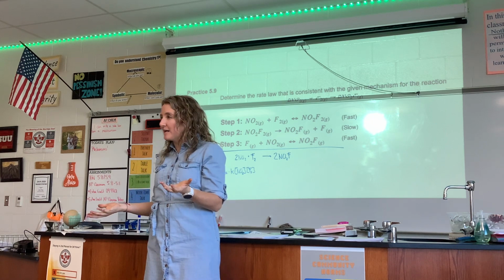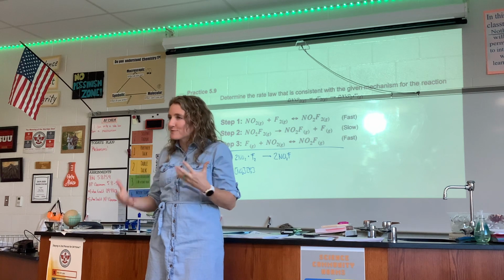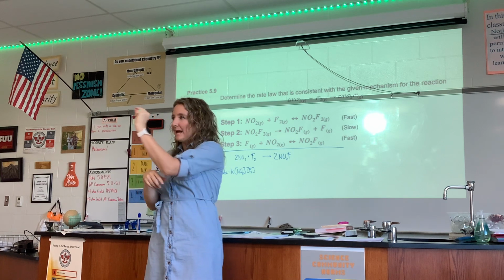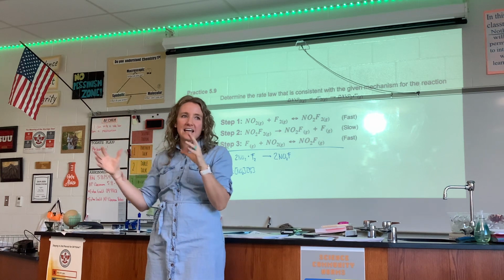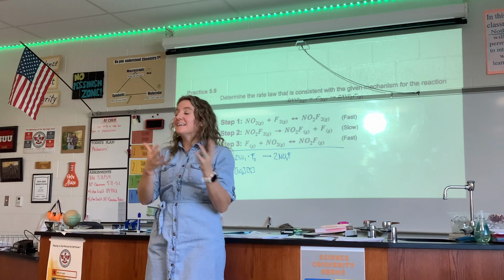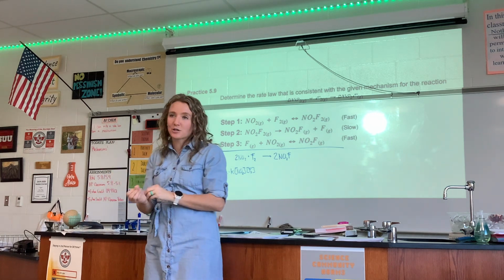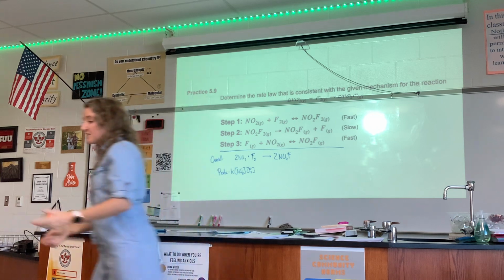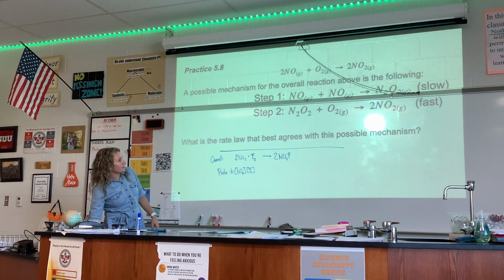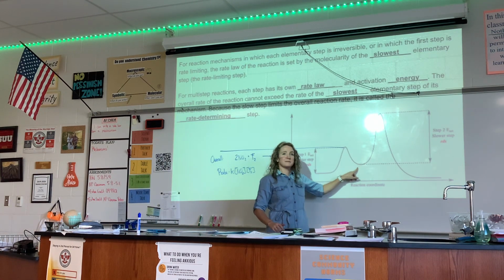Because when it comes down to it, we can't actually see these things collide. We don't have microscopes that allow us to watch a reaction at the molecular level and see, oh, this collided with Cl right here. So they are somewhat of a proposed idea, but then they get supported through experimental evidence of being able to isolate intermediates. Notice in our graphs, remember that the low points are intermediates.